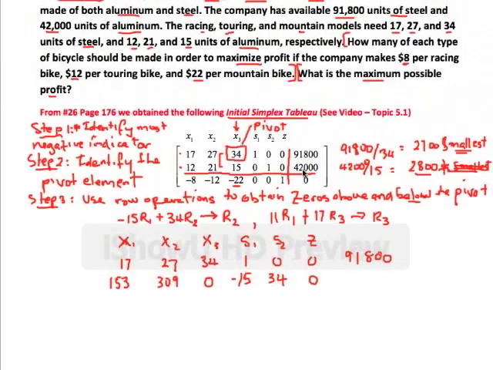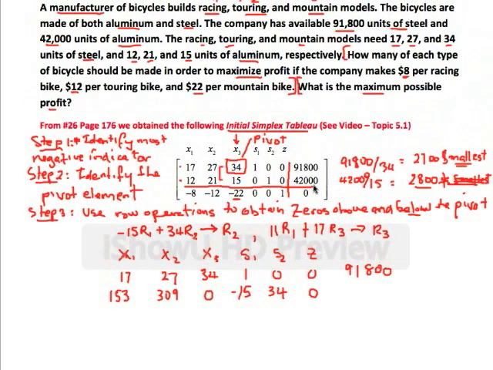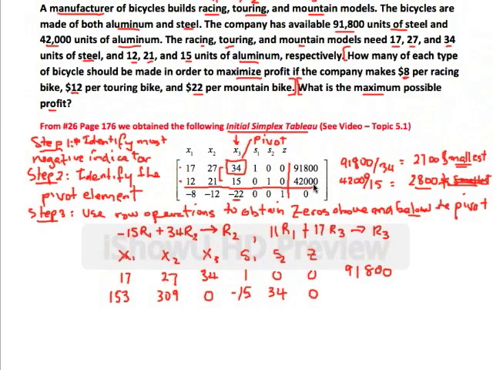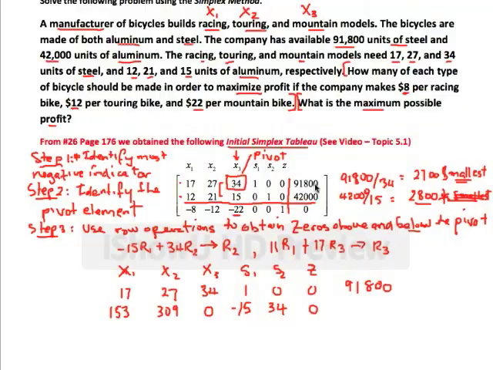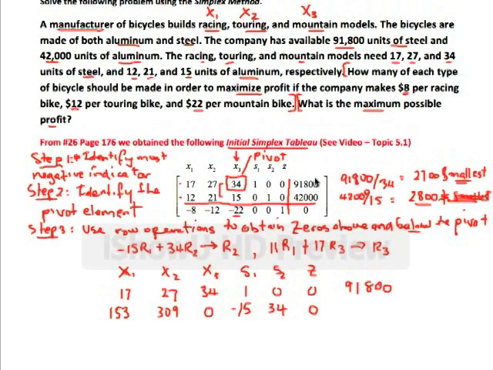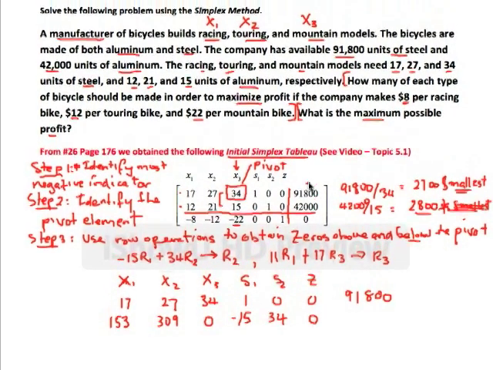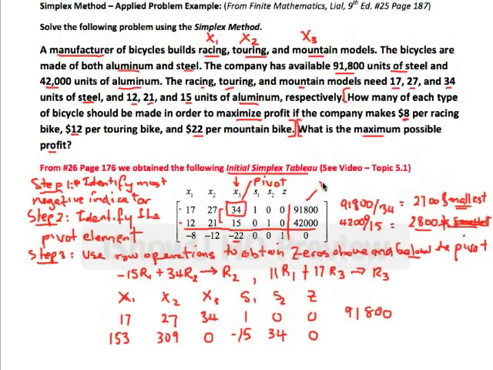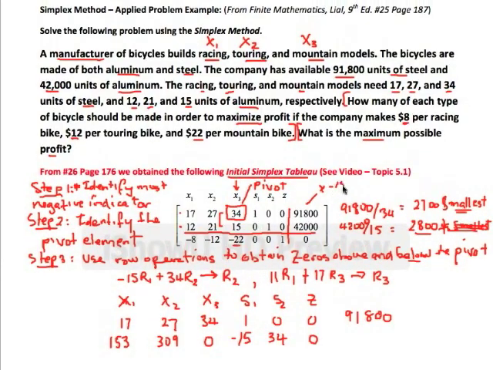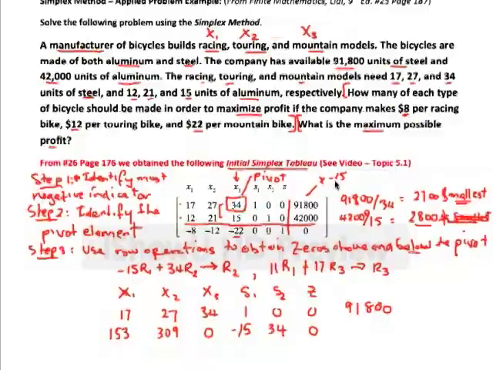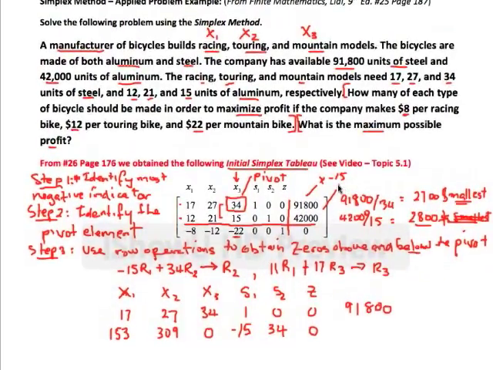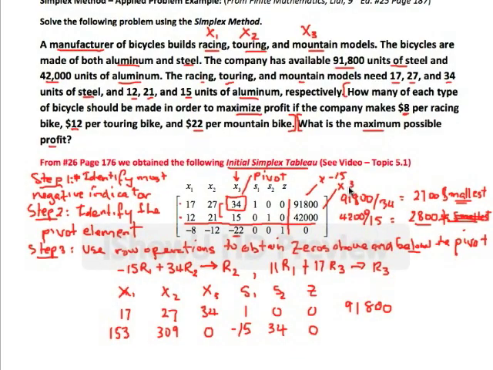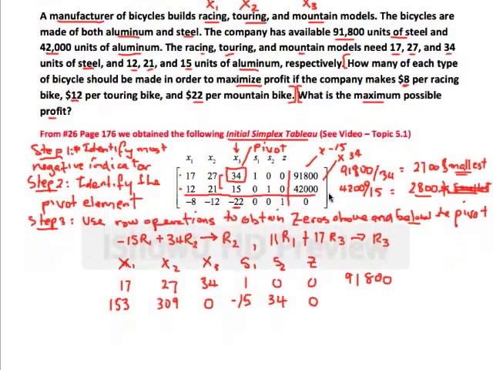Now here's the tricky one. We have 42,000, and we're going to multiply that 42,000 by 34. We're going to multiply 91,800 by negative 15. Okay, so we multiply this one by negative 15, and multiply this one by 34, and then add them together.